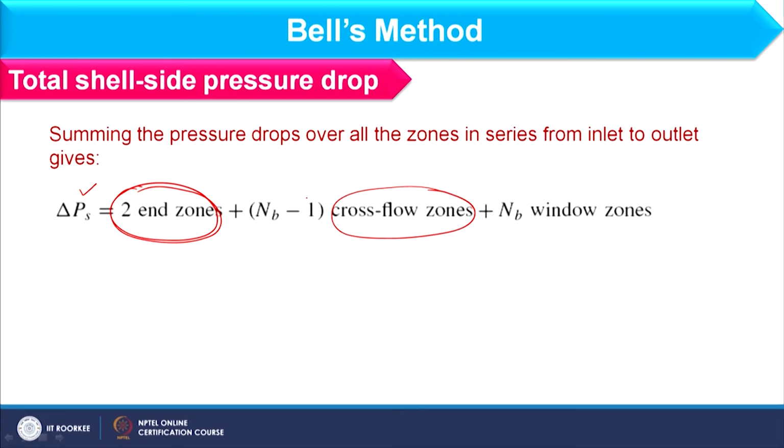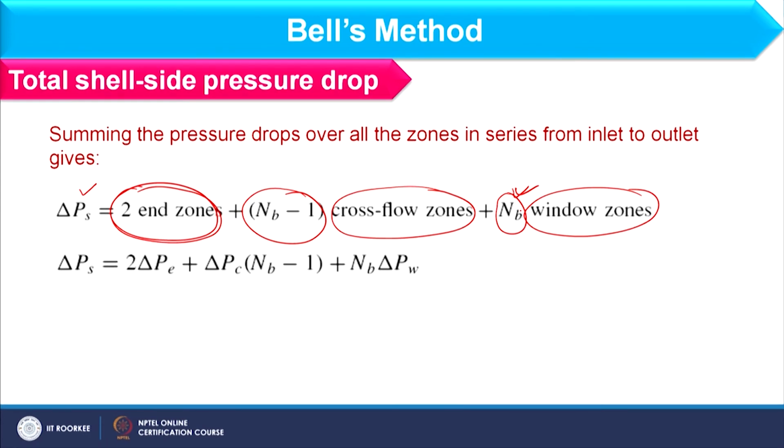So NB minus 1 will be the total cross flow zones, and the total number of window zones will be equal to NB, right. So in this way you can find the individual pressure drops, and then multiply each with the respective number to find the total pressure drop on the shell side.